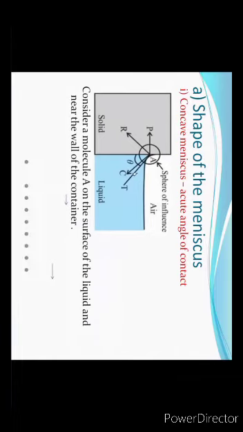So, for the stability of the liquid, vectors AR and AT should be normal to each other. Hence, this liquid at A rises up, forming a concave meniscus. Have you understood? This is what is happening, and this is how you get a concave meniscus.